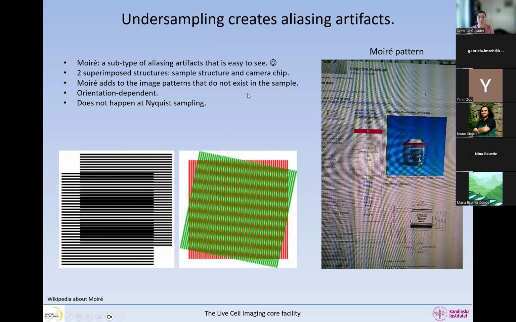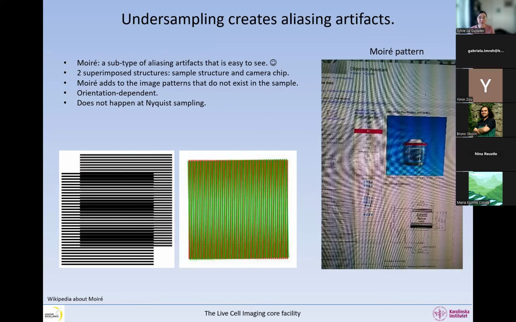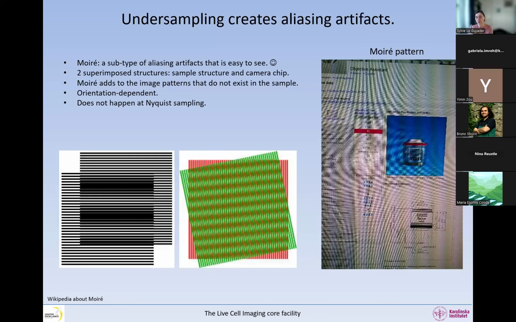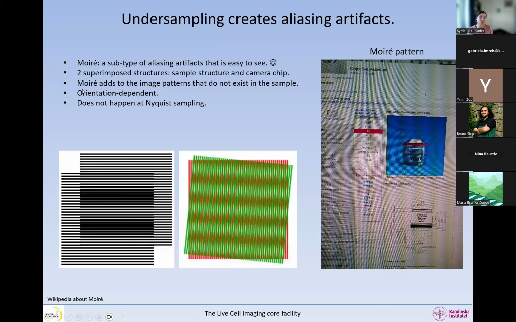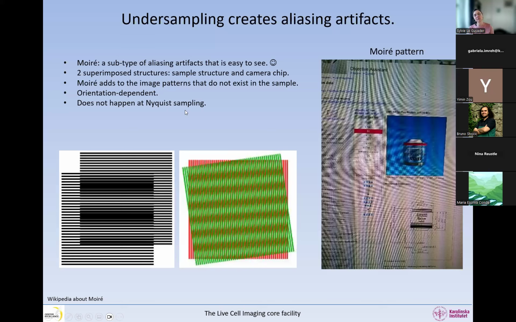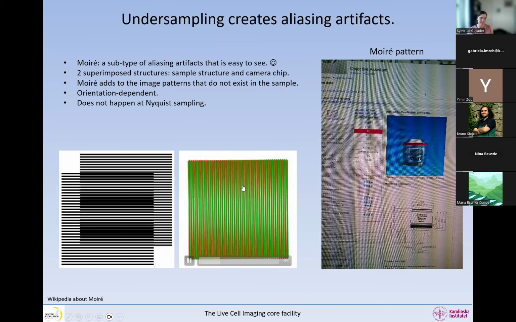You can see this type of moire artifacts in life everywhere. If, for example, you have curtains made with a fine structure and the light goes through, you may see some moire artifacts on the curtain. It's very common. Once you start seeing moire artifacts, you're going to see them everywhere. This does not happen at Nyquist sampling.